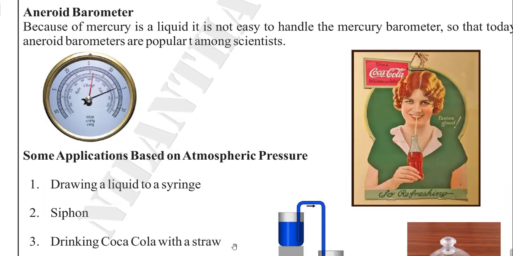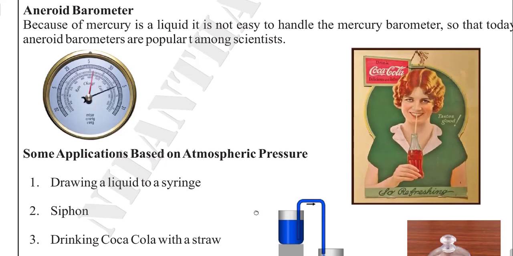That's called the aneroid barometer. Okay. Here, this is an aneroid barometer. We can use it at different places. In that case, it changes the scale according to the altitude. It's an aneroid barometer.